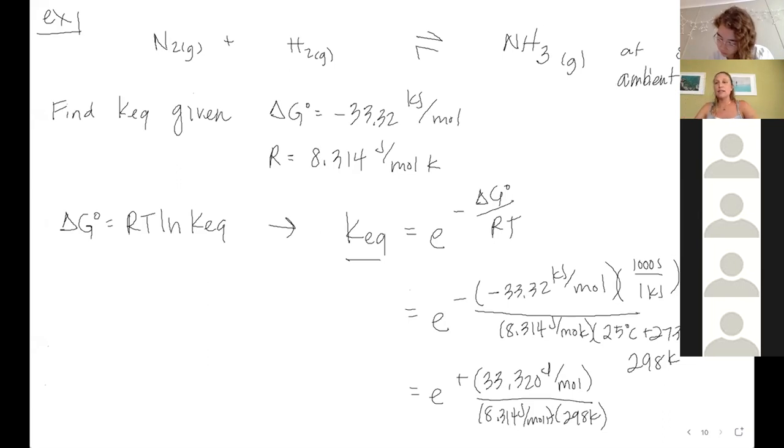STP is defined as 0 degrees Celsius and ambient is 25 degrees Celsius, or like steady state temperature. So 0 degrees Celsius is freezing. 25 degrees is like room temperature.